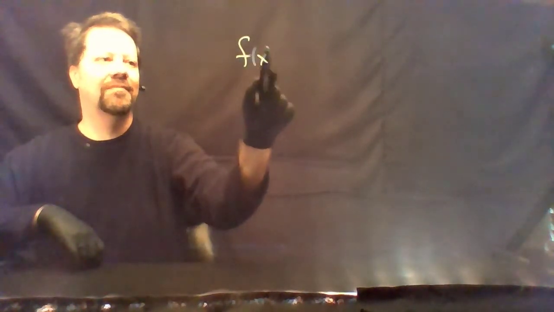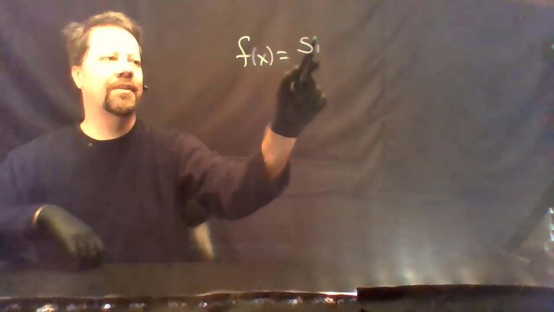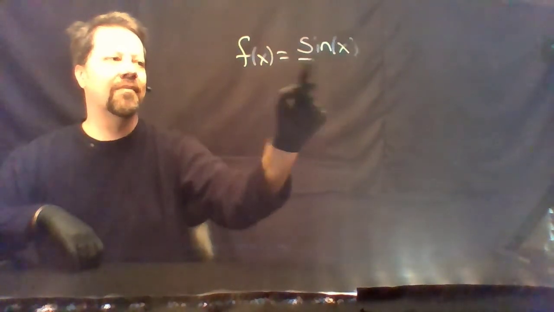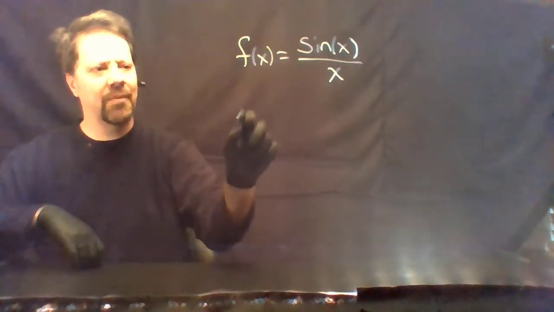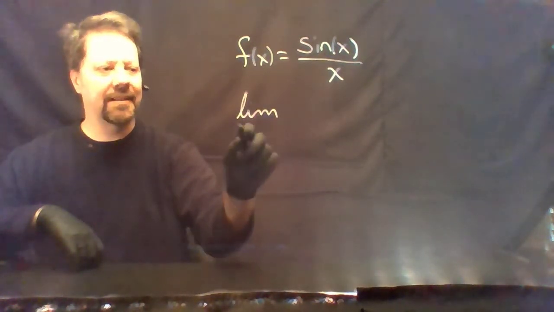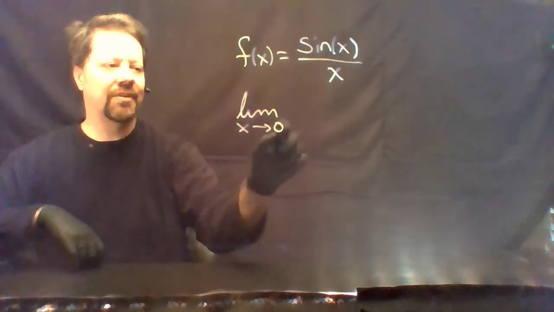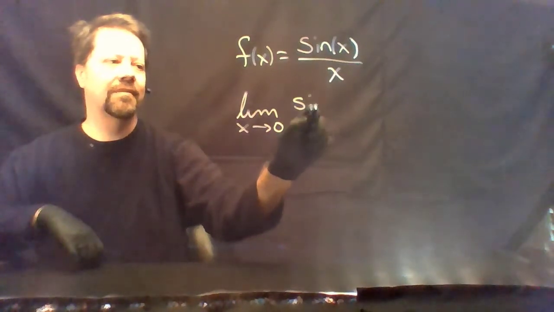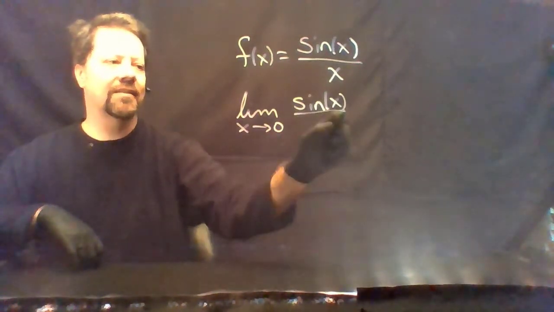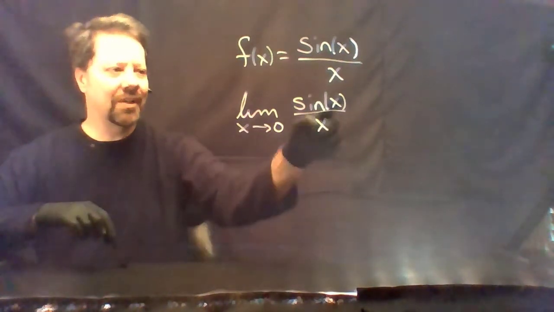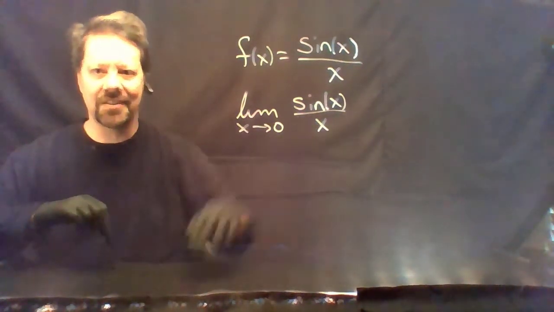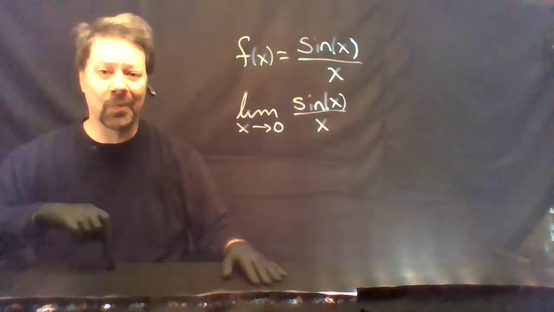I want to look at another example. Suppose our function is sine of x divided by x. I want to consider what happens in the limit as x goes to 0 for this function. And no, you cannot cancel the x and get an answer of sine. That doesn't work.